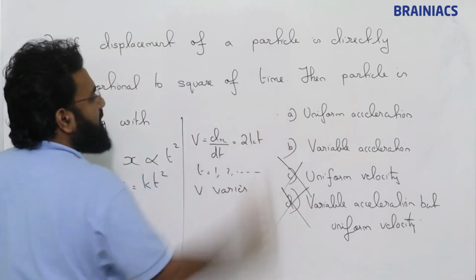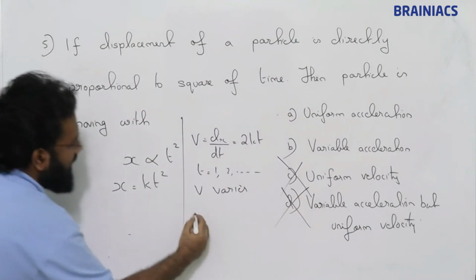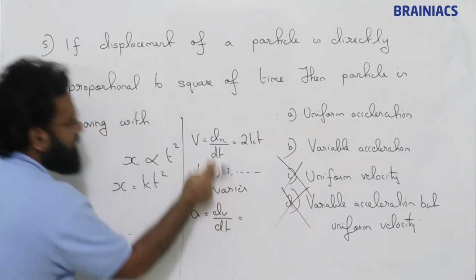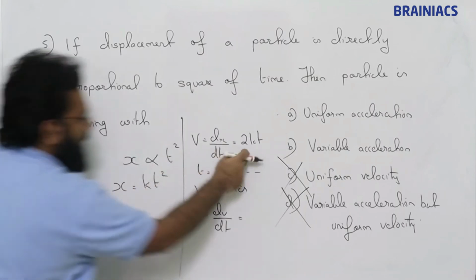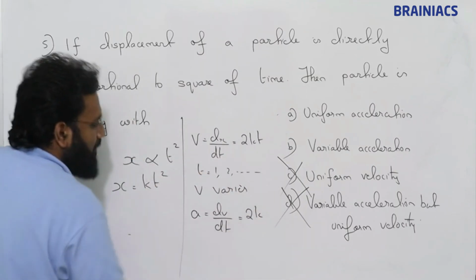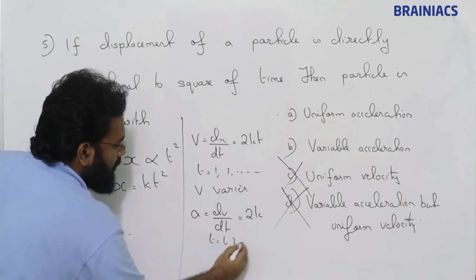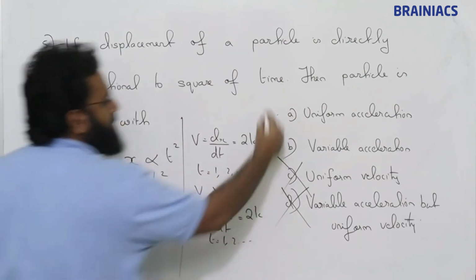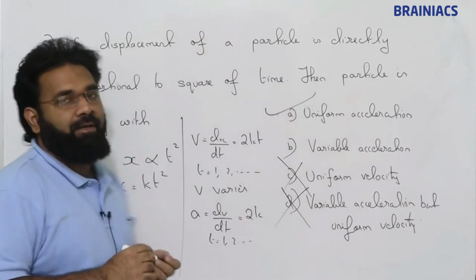Whether it is uniform acceleration or variable acceleration, let's see. a is equal to dv by dt. Where is velocity? Here. So differentiate this, we will get 2k. t is not there, so whether t is 1, 2, 3, whatever we change the time, this 2k will not change. So this is going to be uniform acceleration.